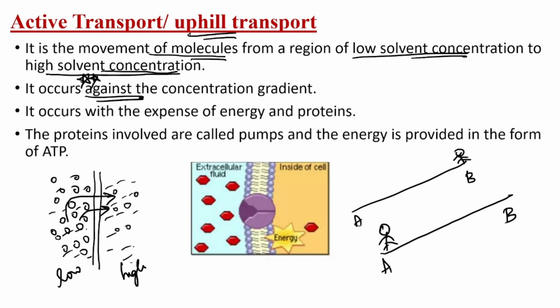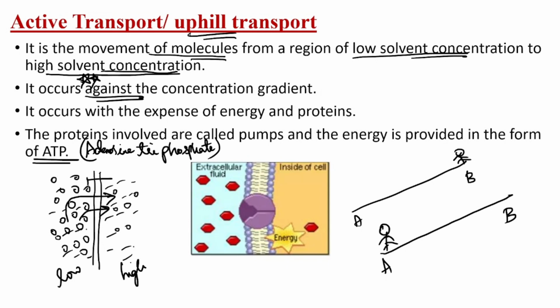As it is occurring from low solvent concentration to high solvent concentration, energy is required. This energy is in the form of ATP, which is adenosine triphosphate. And the proteins which assist this process: molecules cannot move against the membrane freely.